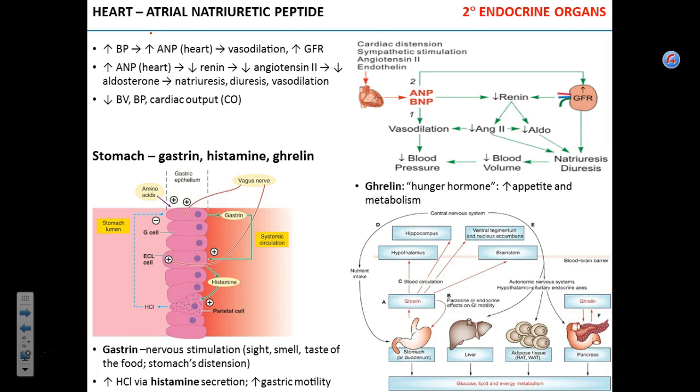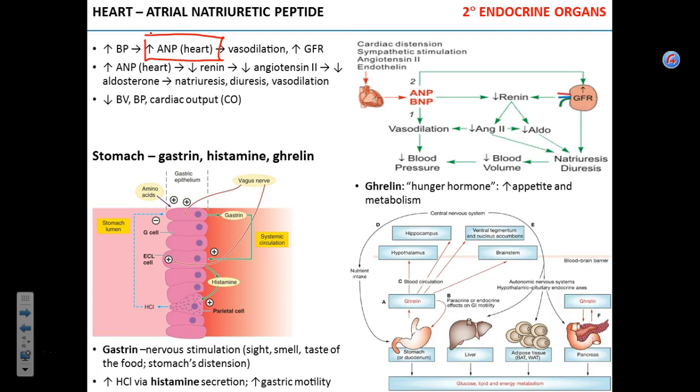Now we're talking about secondary endocrine organs. Some of them we already mentioned. As I said before, these guys have another major function, like the heart. It pumps blood. It also produces atrial natriuretic peptide.